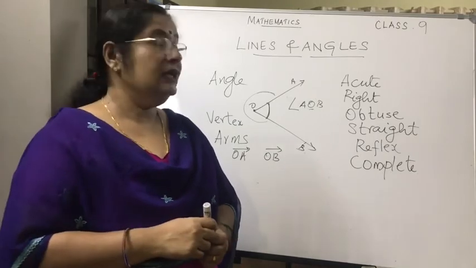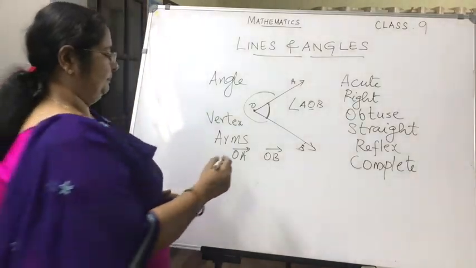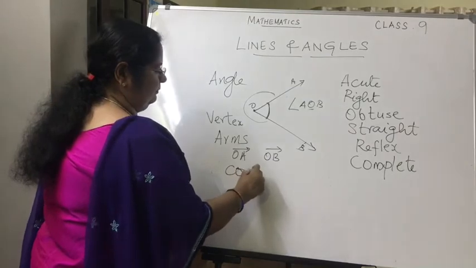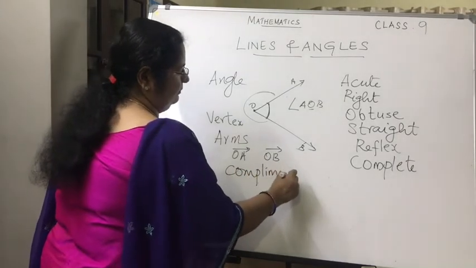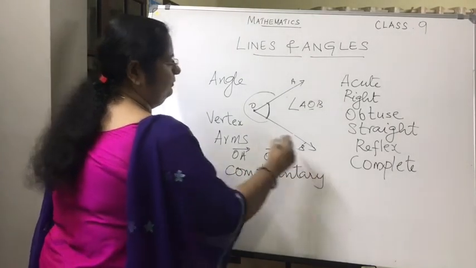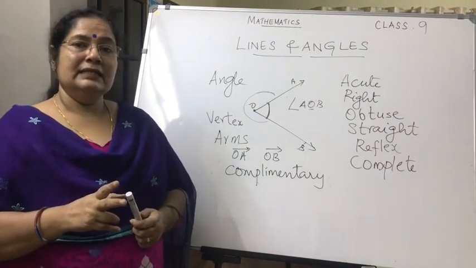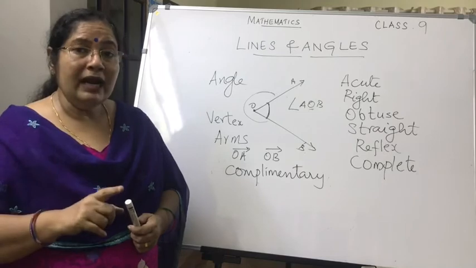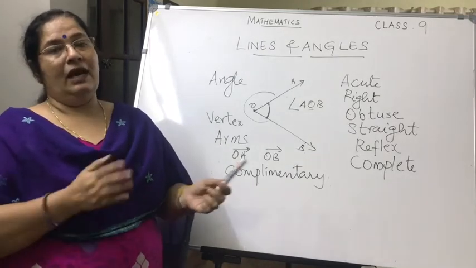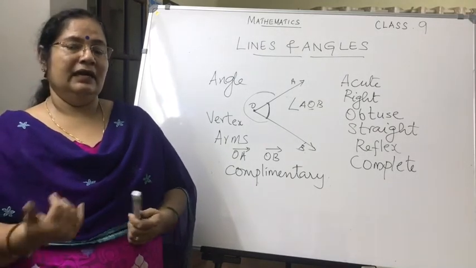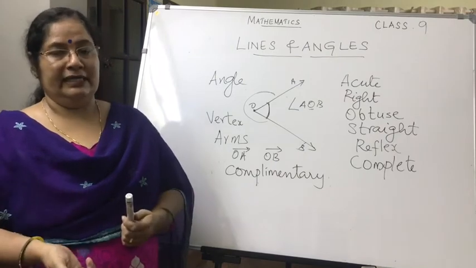Then the next pair is two angles whose sum is 180. 100 plus 80 is 180.